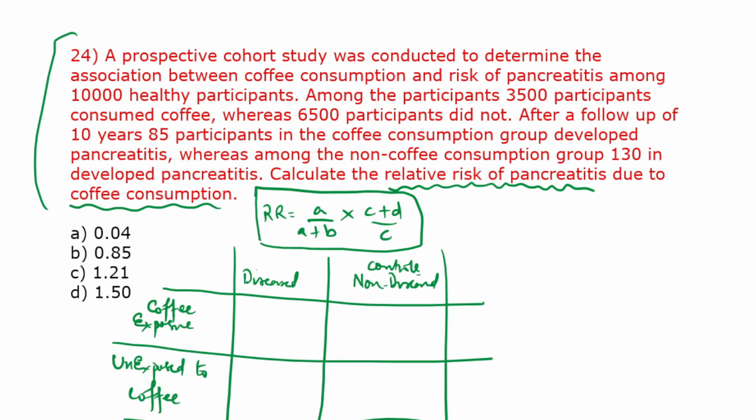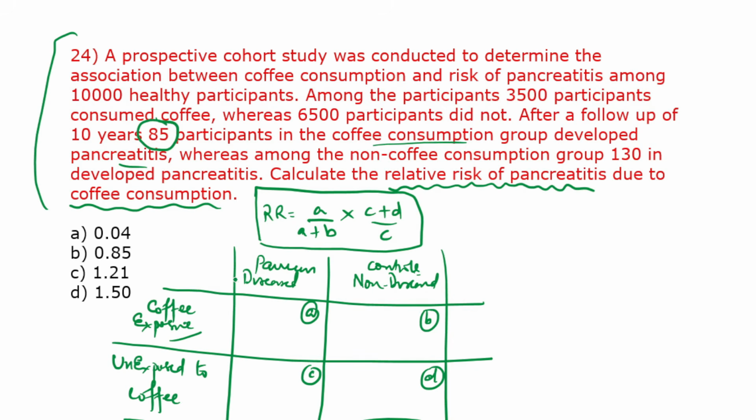So this will become A, this will become B, this will become C, and this will become D. Now the diseased people, that is people who got pancreatitis, are how many? 85 participants in the coffee consumption group developed pancreatitis. Coffee consumption with disease means pancreatitis.